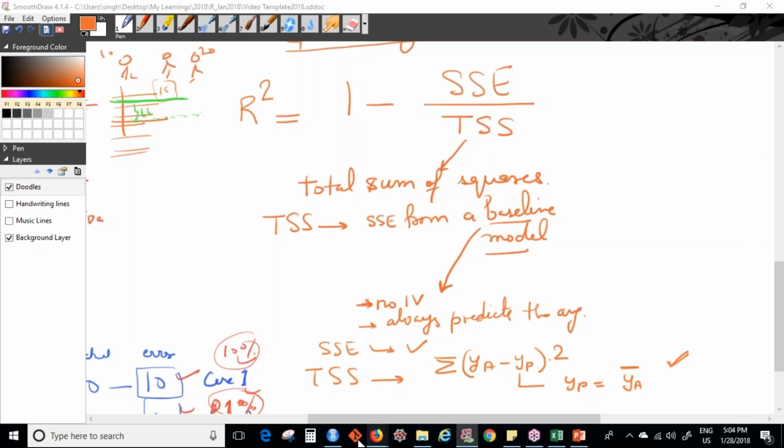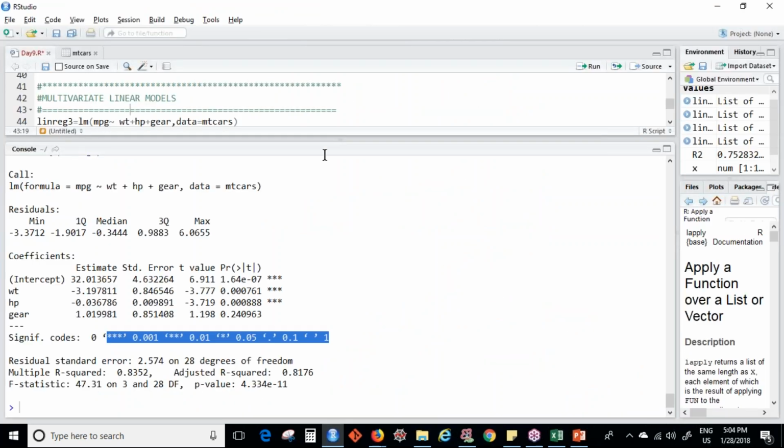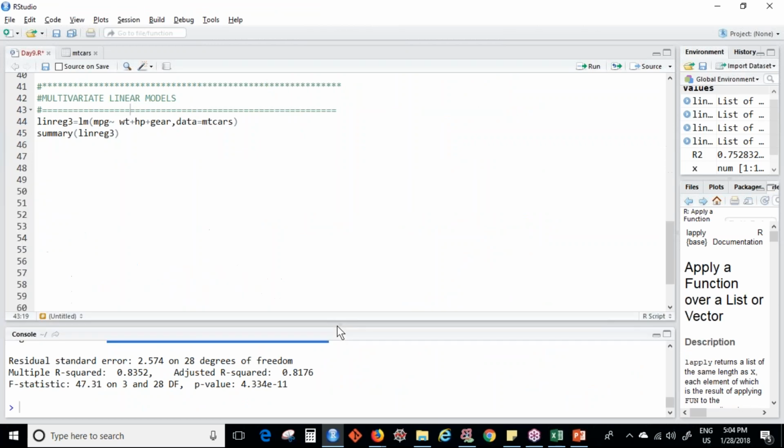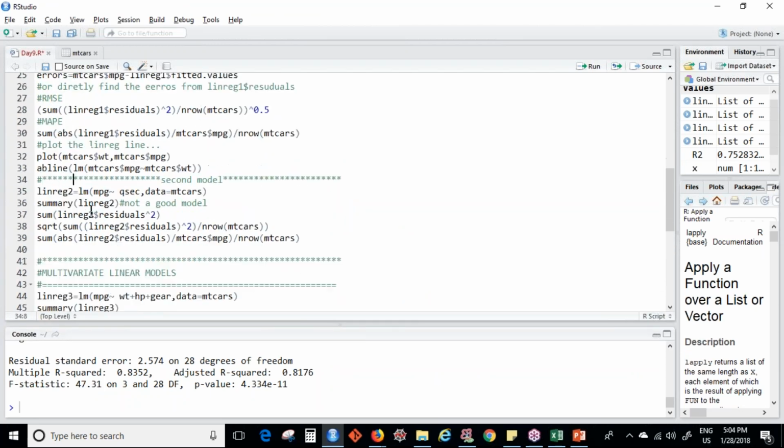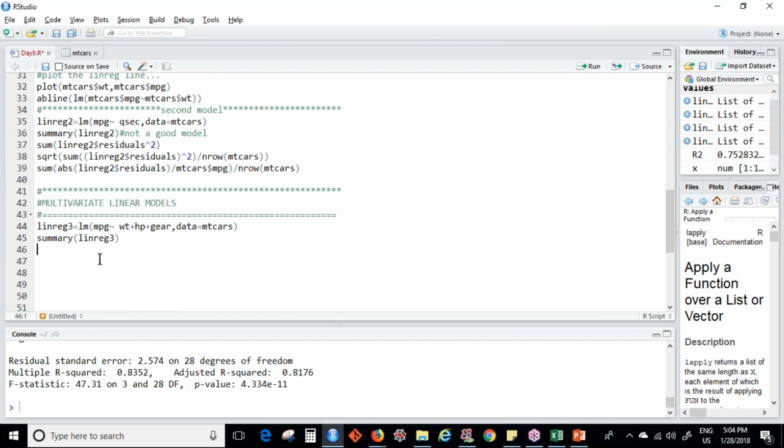Okay. So let me go to R. I will not calculate for all the previous models. I'll just calculate for this model. You can calculate for the other models also. The same formula will apply. Okay. So I'll only calculate for this third model. So sum of squared error, let me calculate.